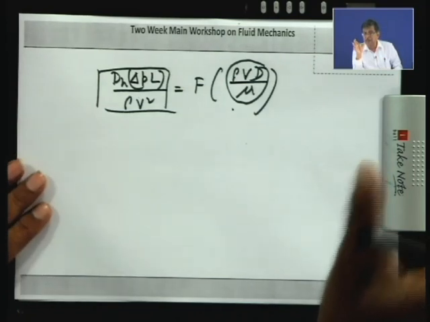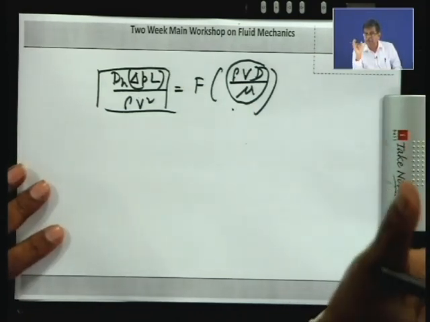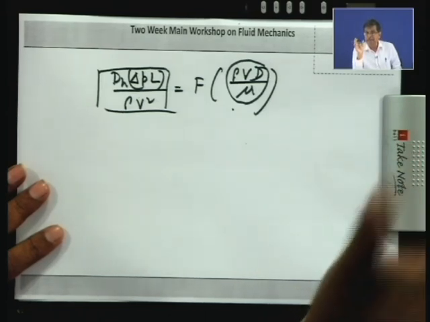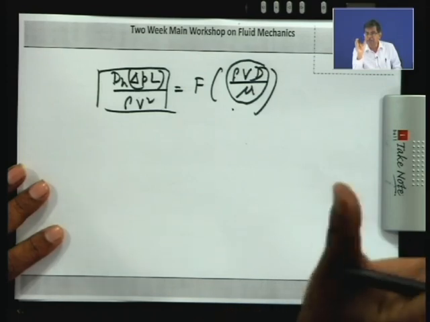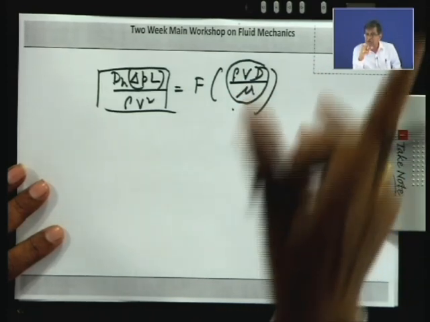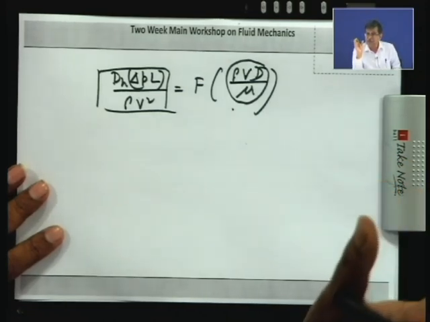Now, the process of Buckingham's pi theorem is to choose the repeating variables whose number is equal to the number of fundamental dimensions, and the conditions are that the repeating variables should not contain any output or performance parameter. The repeating variables as a whole, all together, must contain all the fundamental dimensions. Okay. So, these are the conditions for the choice of repeating variables.